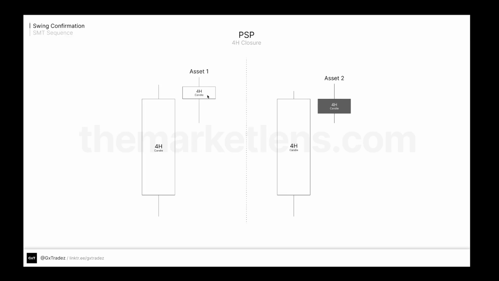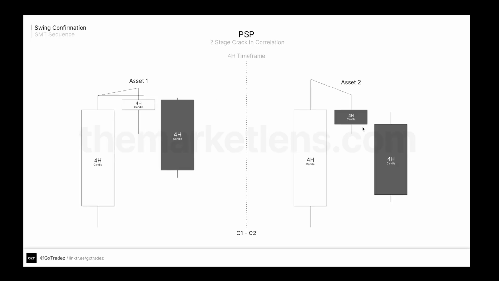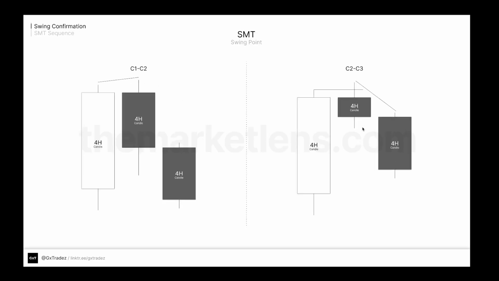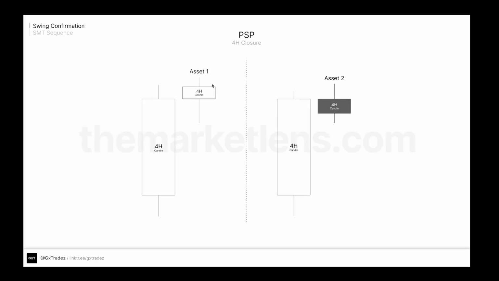Now that swing point close basically will close bullish on one asset. On the other asset, it will close bearish, right? So this can indicate a reversal in the opposing direction. Now, what I'm doing here is the lowest probable sequence. PSP is a little bit more high probable.